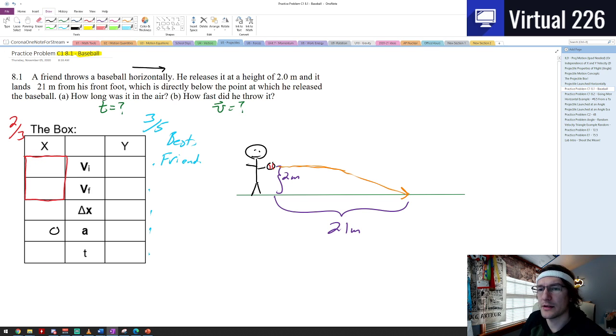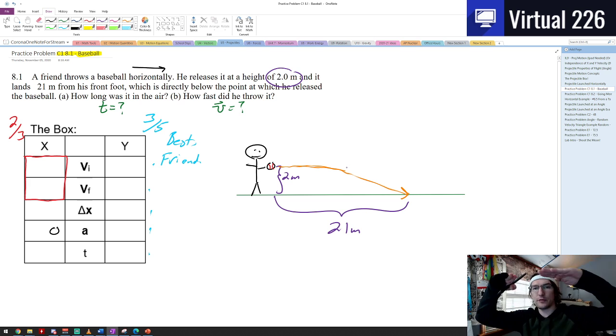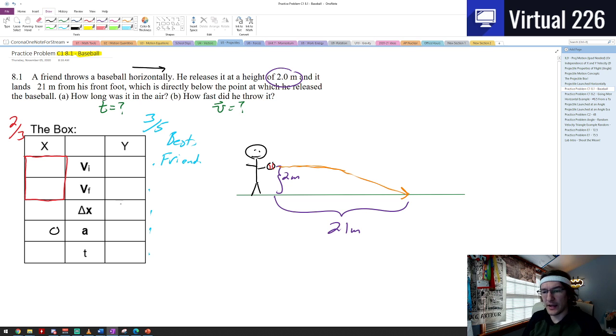Well, we know that he releases it at a height of 2 meters, and it's going to fall those 2 meters. So we know how far it falls in the y direction. It falls 2 meters, and that's going down, so let's make that negative. Let's call up positive and down negative.